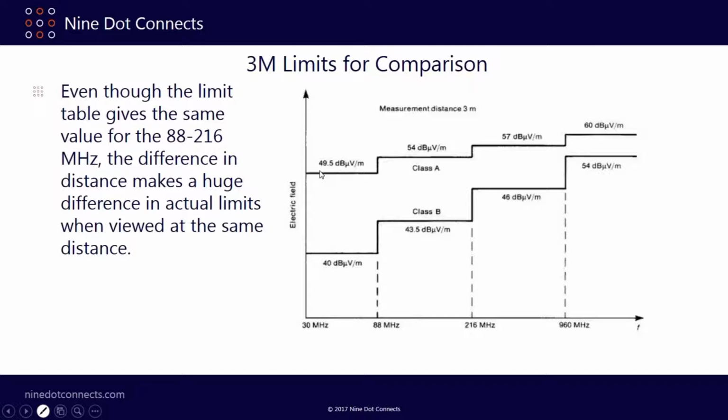Notice, it's very high. The electric field can be quite strong compared to a Class B device. This is when you're measuring at the same distance for both products, regardless of what the class is. This gives you a better appreciation for how much less stringent Class A, that is industrial type of devices, can radiate and still pass.